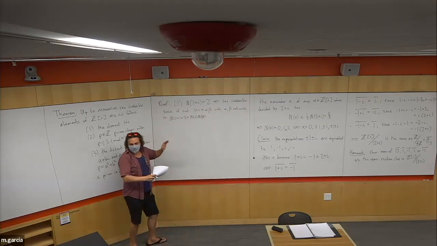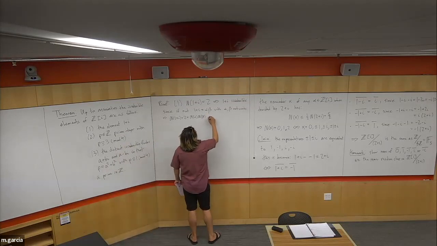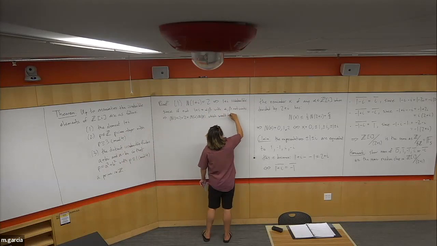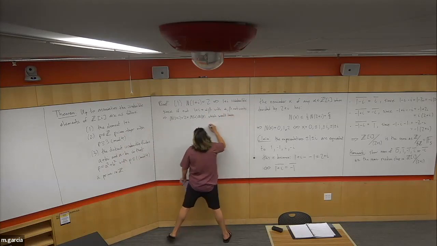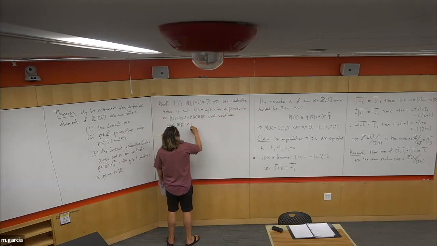Because the norm is multiplicative, so I split that apart. Which would have both the norm of alpha and the norm of beta strictly greater than 1, right?